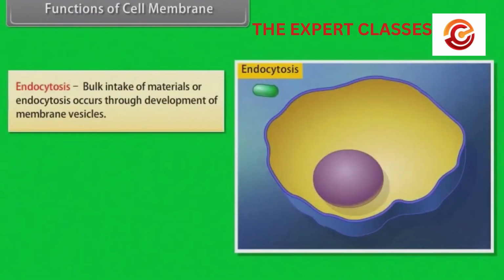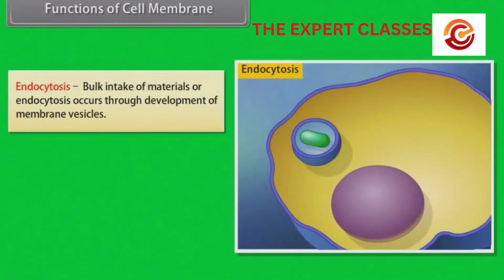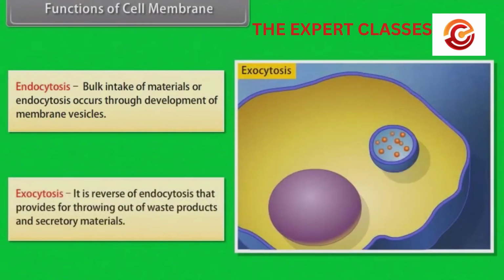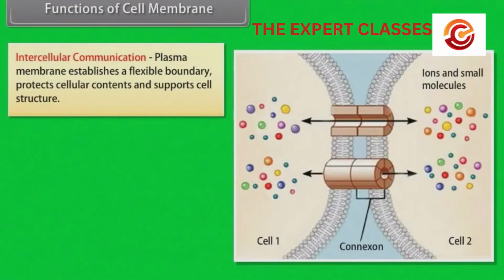Endocytosis. Bulk intake of materials or endocytosis occurs through development of membrane vesicles. Exocytosis. It is the reverse of endocytosis that provides for throwing out of waste products and secretory materials. Intercellular communication.